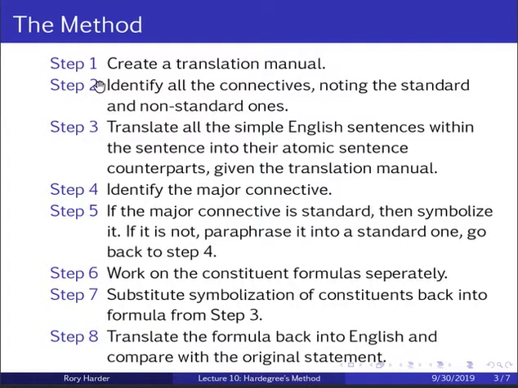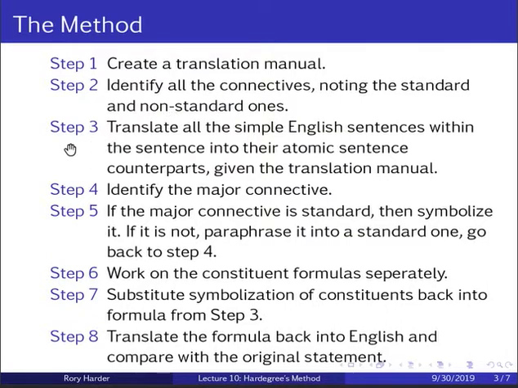So in the first 2 steps, what we do is we identify the simple sentences and assign them sentence letters. The second thing is you identify all the connectives in the sentence you're going to translate, and you note which ones are standard and which ones are non-standard. That is, you note which ones are difficult to translate, the non-standard ones, and which ones are simple, or easy to translate, which are the standard ones.